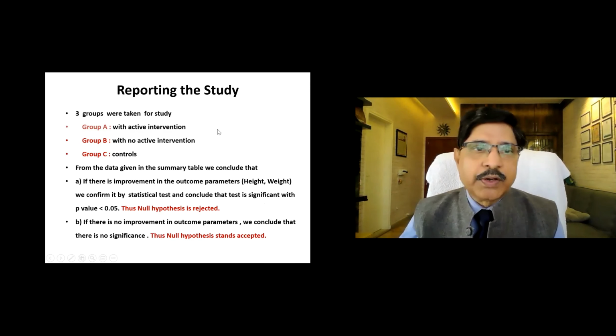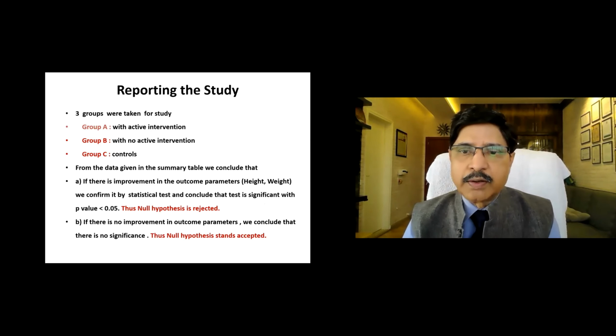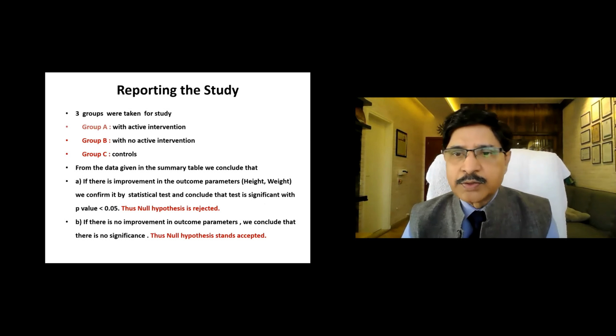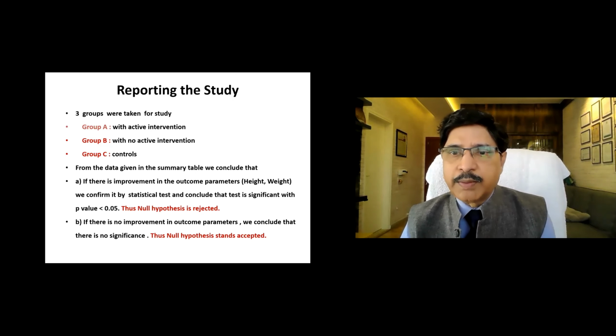So reporting the study. That is important. To write a report, we have to say that we have examined like this, what we have done. We will write about the methods briefly, and then also the measurements. We specify our outcome variables, the primary outcome variable and secondary outcome variable, and primary intervention or experimental variables also.